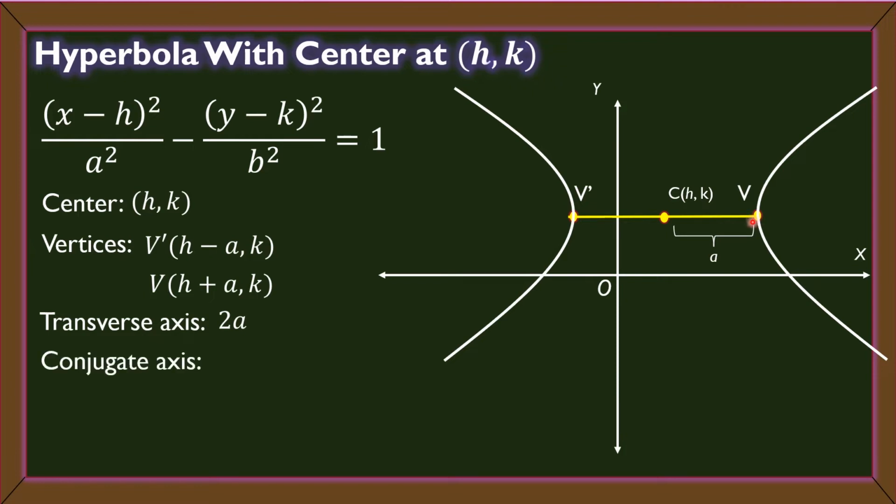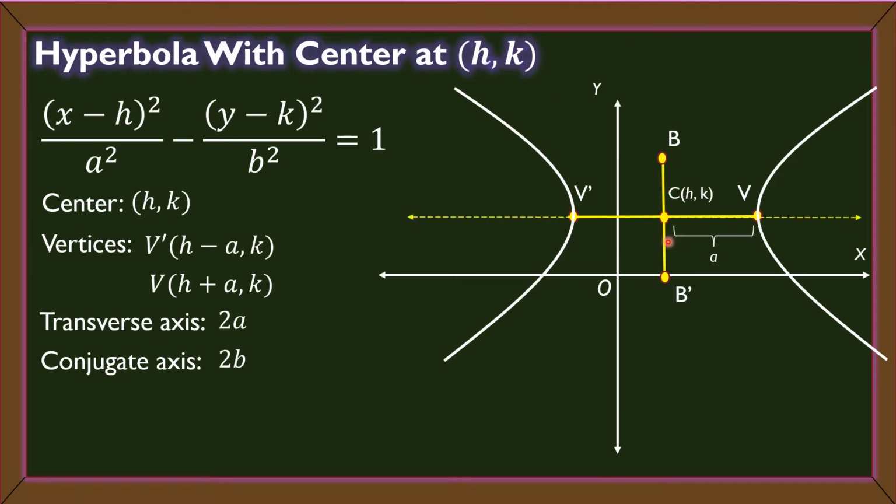The conjugate axis is a segment of length 2b, and it is perpendicular to the line containing the vertices with the center as the point of perpendicularity. The endpoints of the conjugate axis are each b units away from the center.